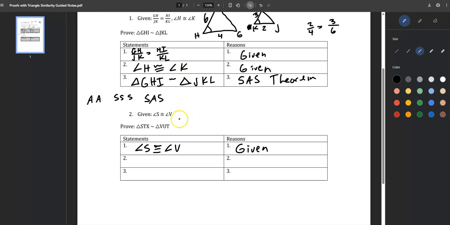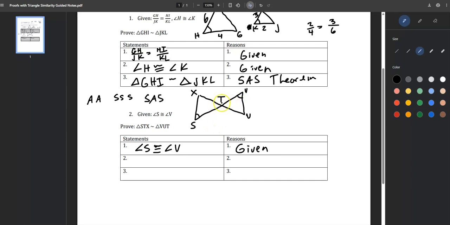This one is a little bit different from the first one because see how I have these angle T's that they share. So this one is going to look something to this effect, and T is going to be that middle one. I also have S congruent to V, so I know that S has to be the same as V up here. And then this has to be X and U as well. So I know that these two angles are congruent to each other.